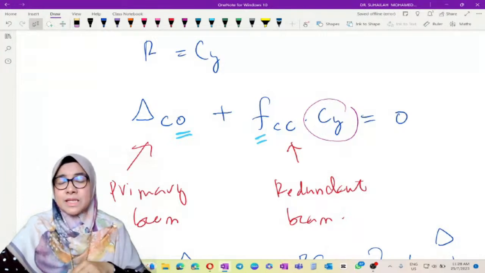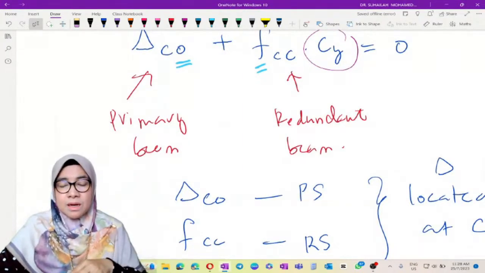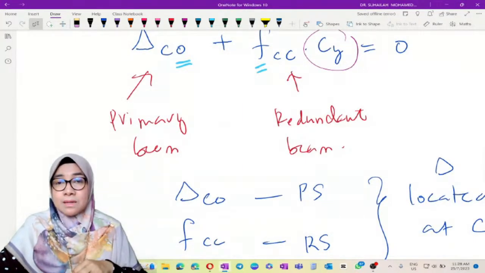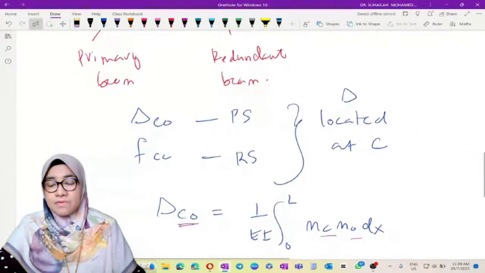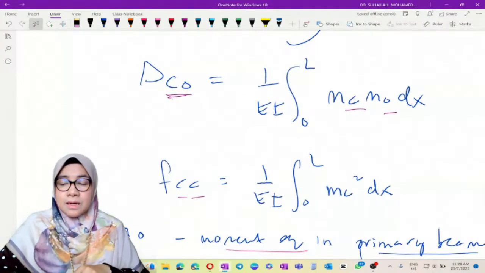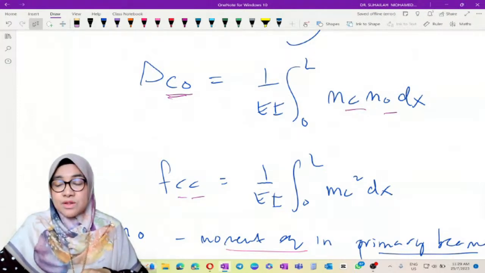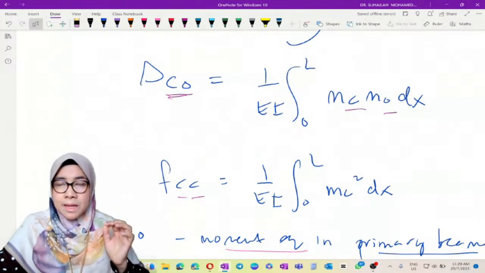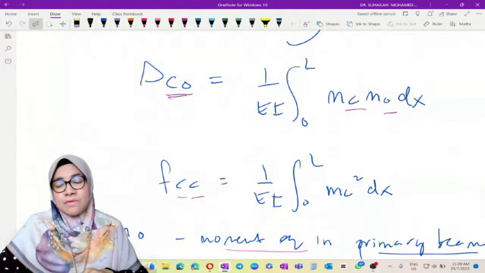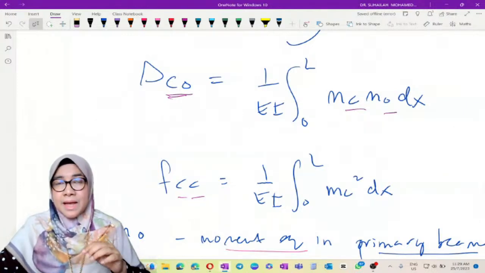So there are two displacements, delta C naught and FCC. These two displacements come from two systems, the primary beam and the redundant beam. So we have to have two systems, and to calculate delta C naught, the deflection, we have to integrate two moment equations, MC and M naught. Delta C naught is MC M naught, and FCC means MC times MC, which we write as MC squared.